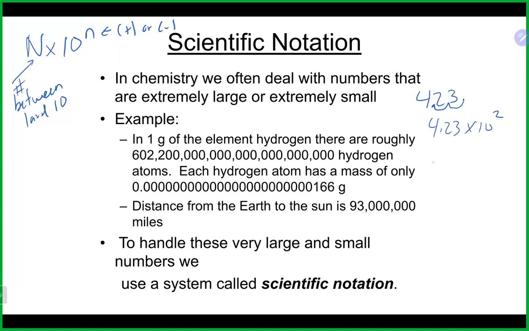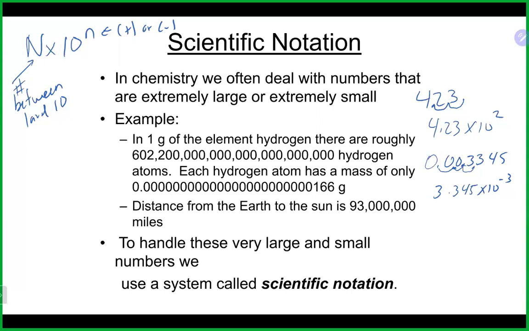If we had something like 0.003345, if we went 1 place, that would not give us a number between 1 and 10. If we go 2 places, that's 0.3. That is not a number between 1 and 10. We need to go 1 more place and get 3.345 times 10 to the minus 3.